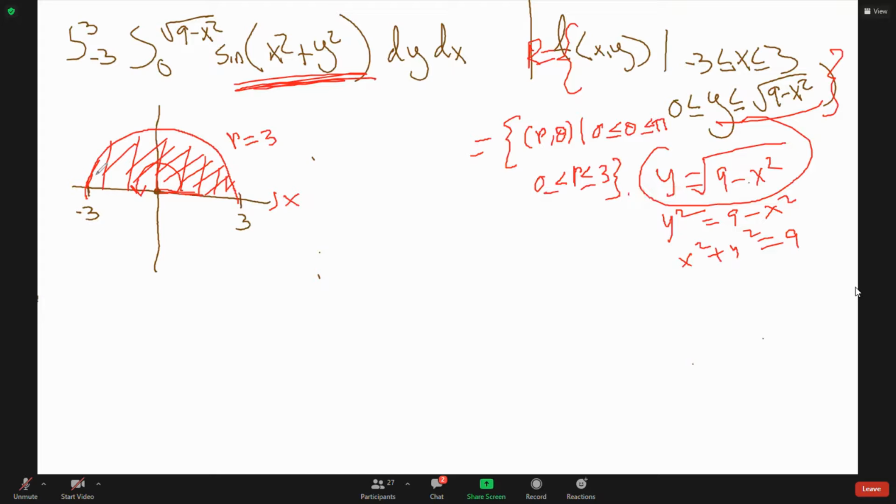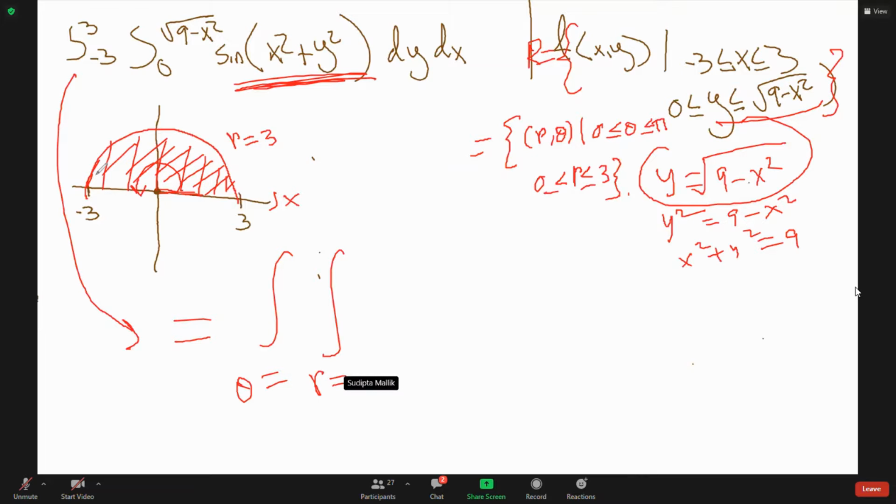So now you're done with the region. Now write this thing in polar coordinates. Theta goes from somewhere to somewhere, R goes from somewhere to somewhere, and then write everything in terms of r and theta.